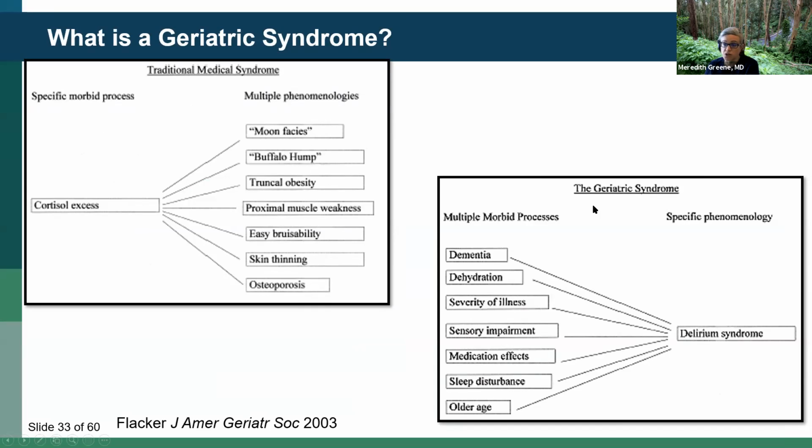The geriatric syndrome is the reverse. It is actually multiple processes that contribute to one specific syndrome, in this case, delirium. So someone has some underlying cognitive impairment, they get dehydrated, they also have hearing loss, they're started on a new medication. All of these things then contribute in turn to delirium, and you really need to address all of these things to resolve the syndrome.